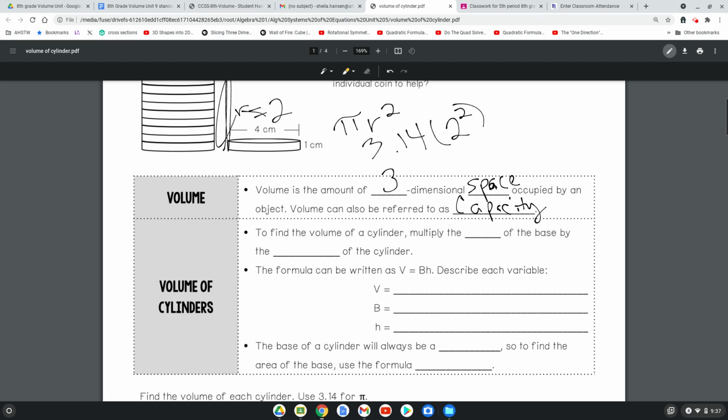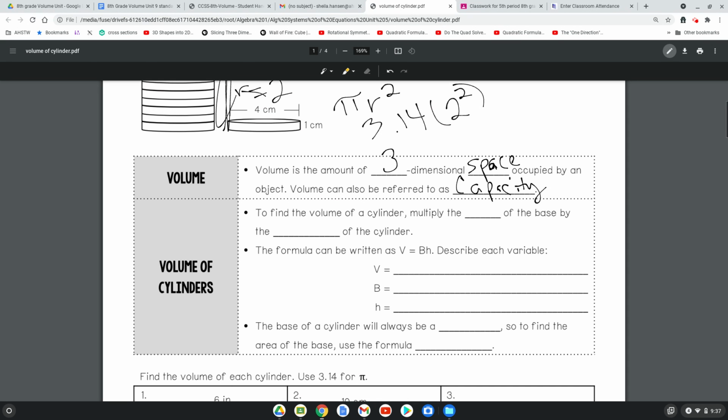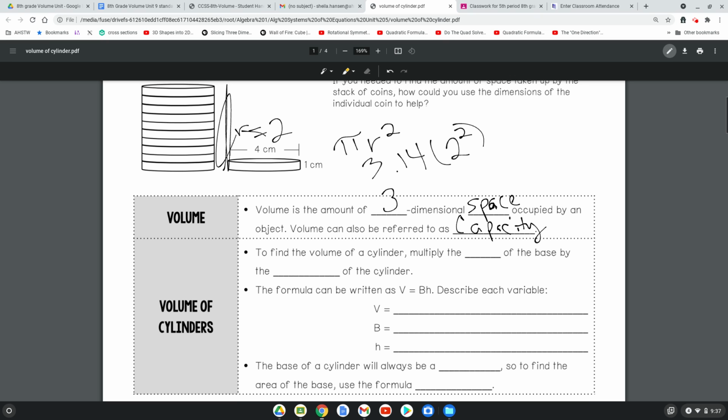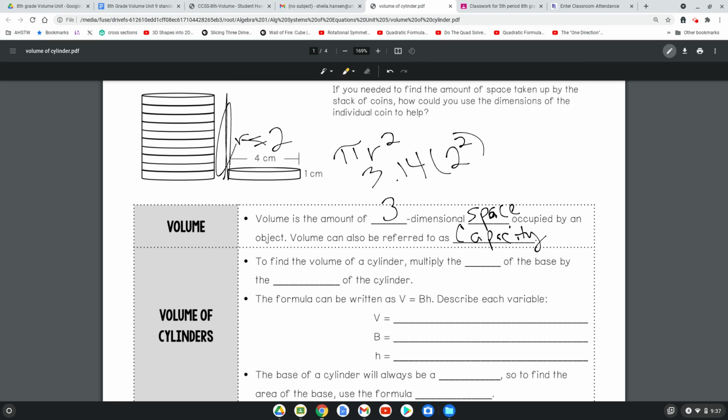So to find the volume, we're going to find the volume of a cylinder first. So like a can of soup. We're going to multiply the area of the base by the height of it. And we already know the base of a cylinder is always in the shape of a circle.